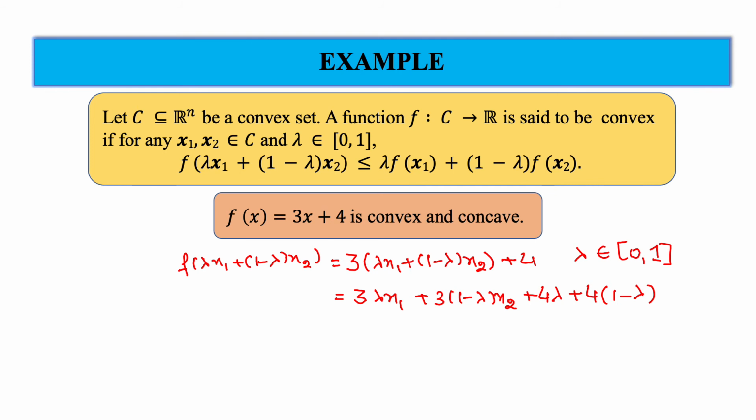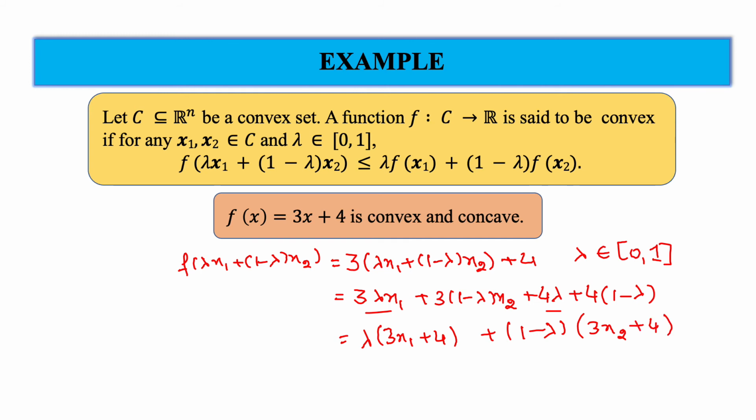If we take lambda terms together and take lambda in common, it will be lambda times 3x1 plus 4, and taking 1 minus lambda common, it will be 3x2 plus 4.